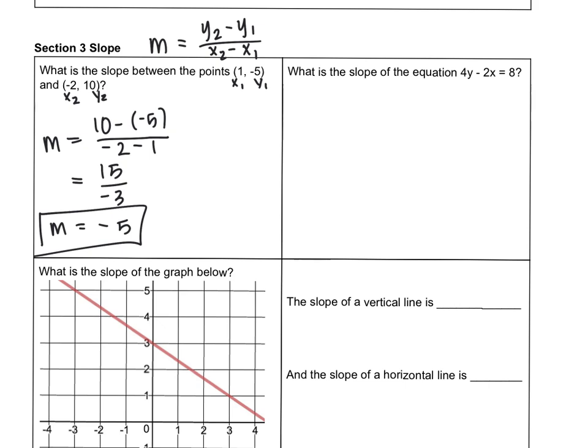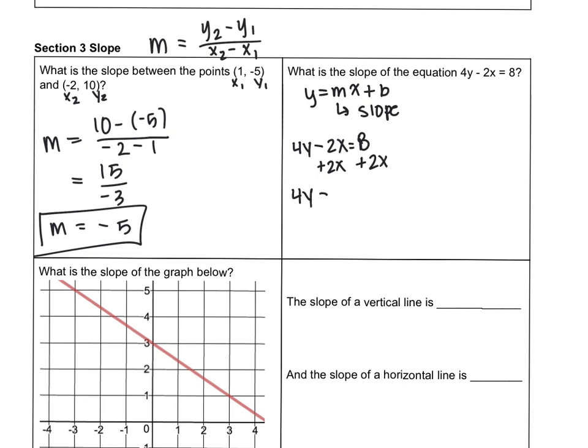Next, we have the equation 4y minus 2x equals 8, and we want to identify the slope. So there's also the equation y equals mx plus b, where m is the slope. So if I'm given an equation, I want to try to get it in this form to identify the slope. My first step is going to be to add 2x to both sides.